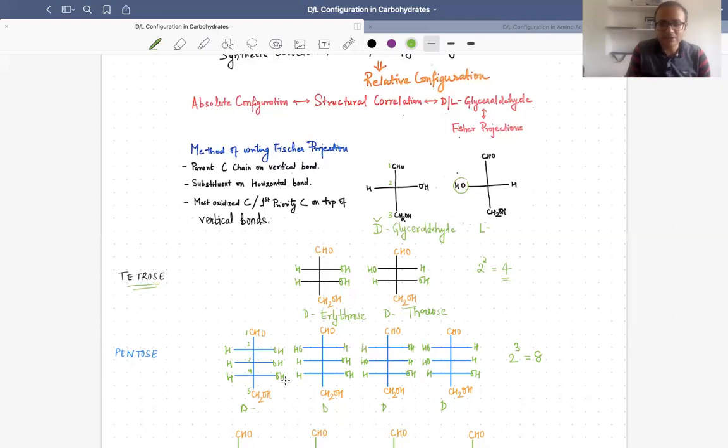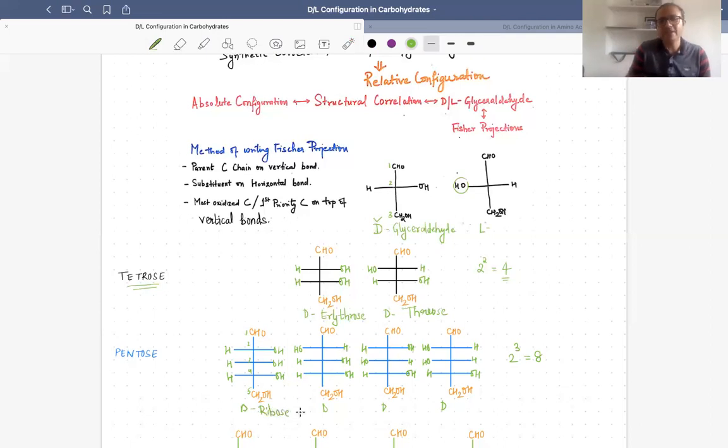This one, in which all the OH groups are on the right side, you call ribose. Ribose is a very common sugar which you find in RNA.